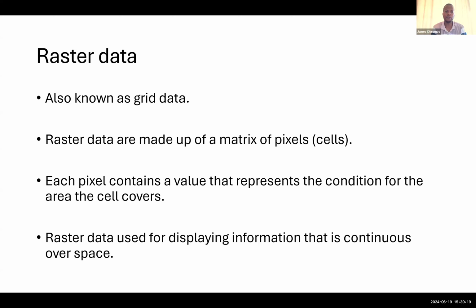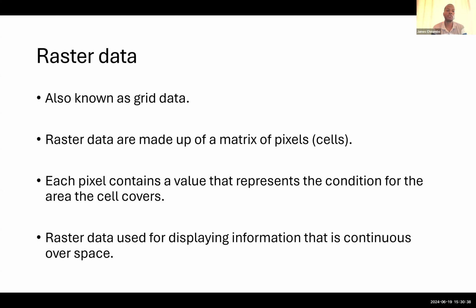Unlike vector data, for example, if you go back to vector data, you can use it to represent features like rivers, households. Those are not continuous features, they are kind of discrete over space. But when it comes to displaying continuous data, then you have to use raster data.